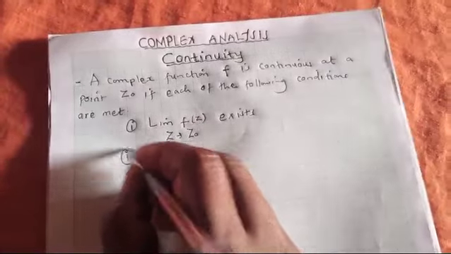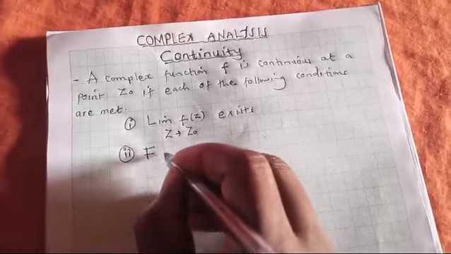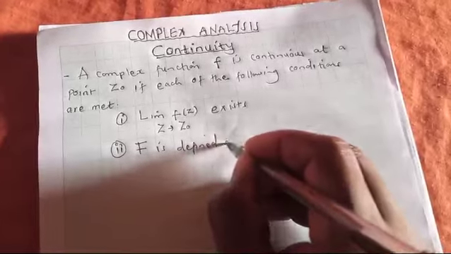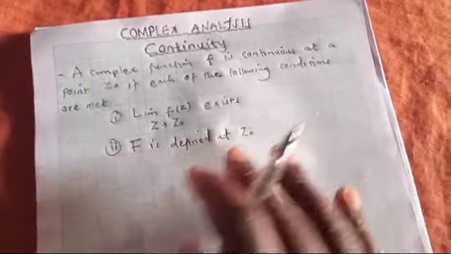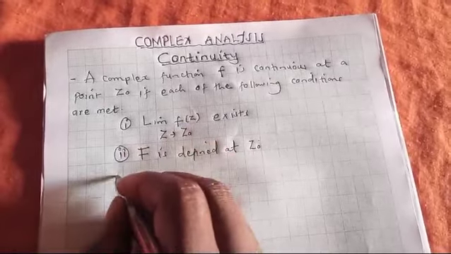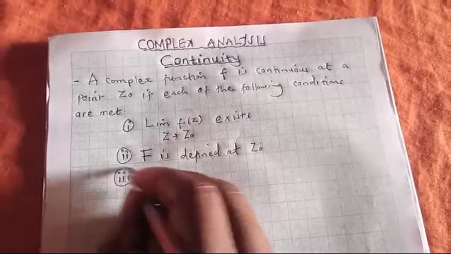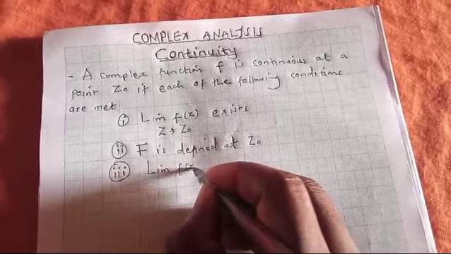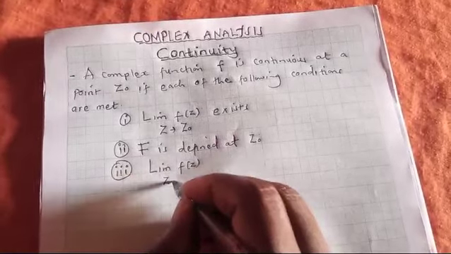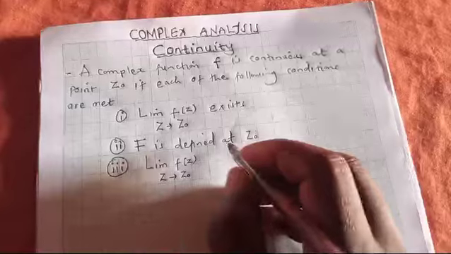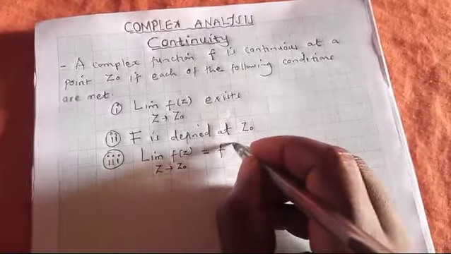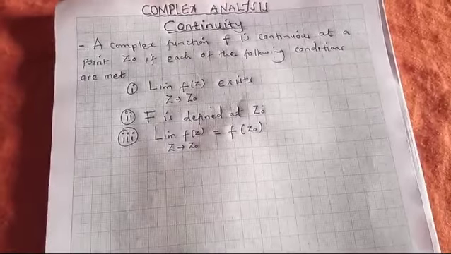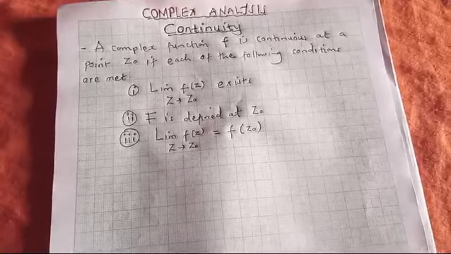The second one, if the function is defined at a point which is z naught, then that function is continuous. Rule number three, if the limit of the function as z approaches z naught is equivalent to f of z naught, then we will say that the complex function is continuous.